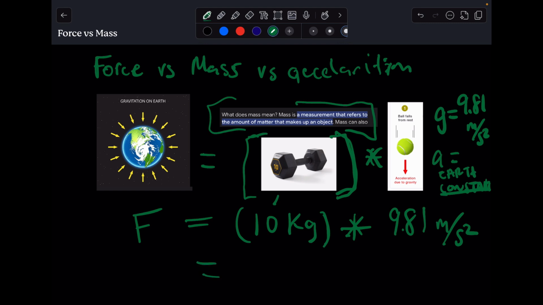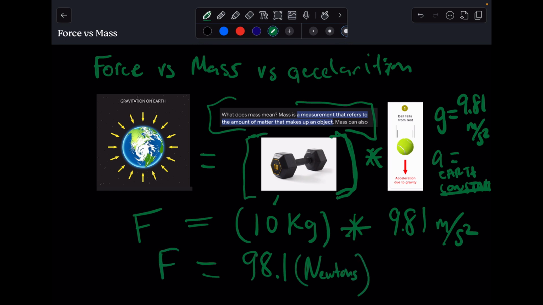If we multiply 10 by 9.81, we're going to get 98.1. And when you multiply kg by meters per second squared, you get newtons of force.